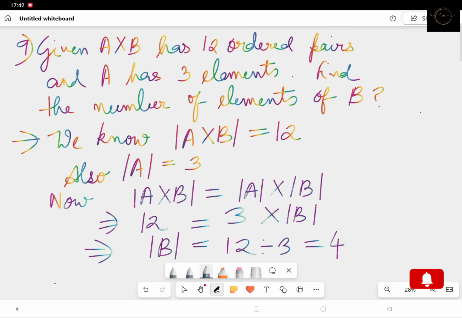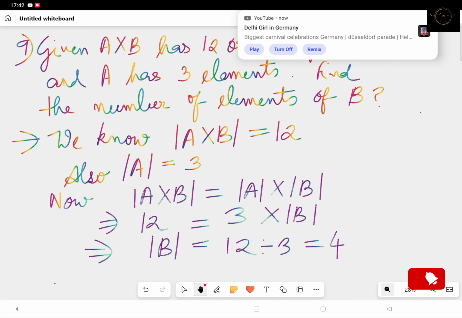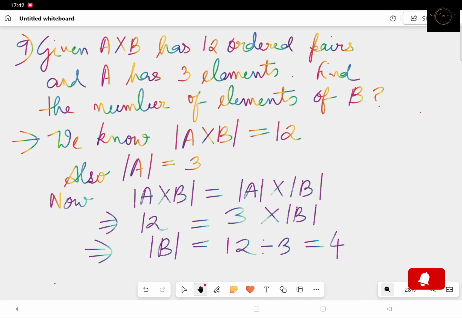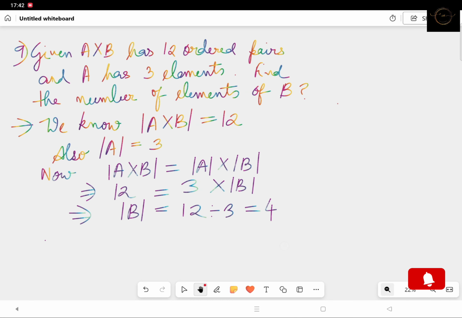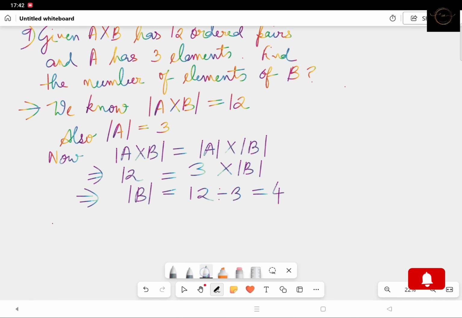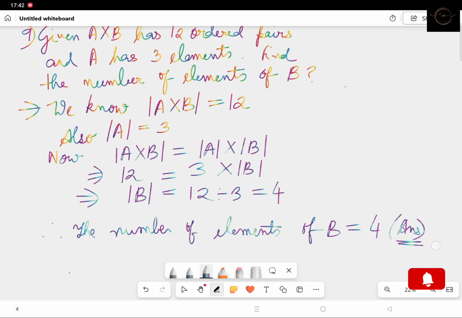So therefore the number of elements in set B equals 4. Here is your answer.